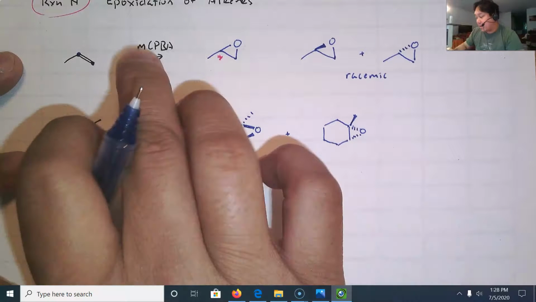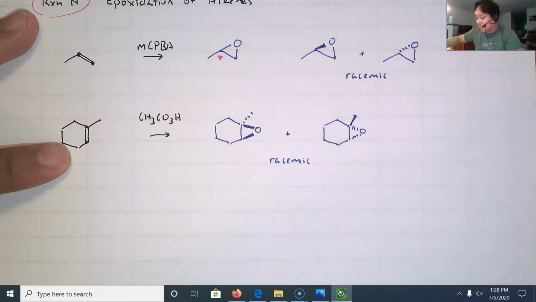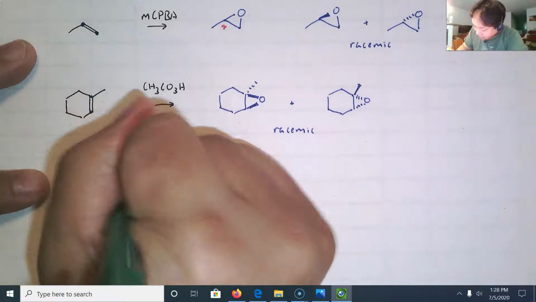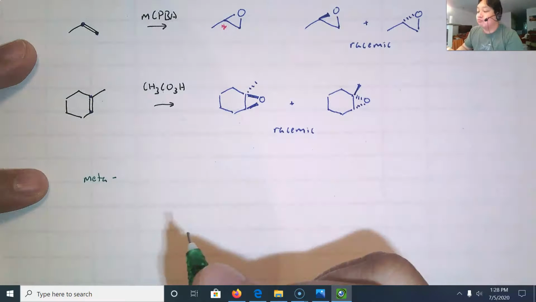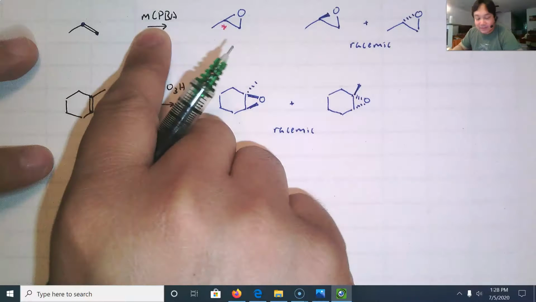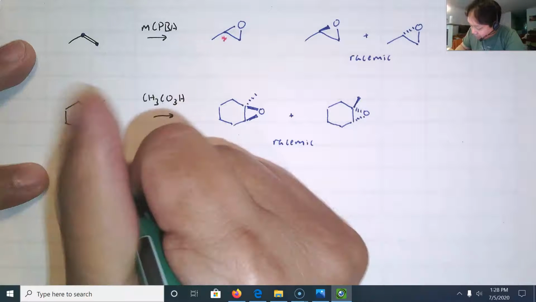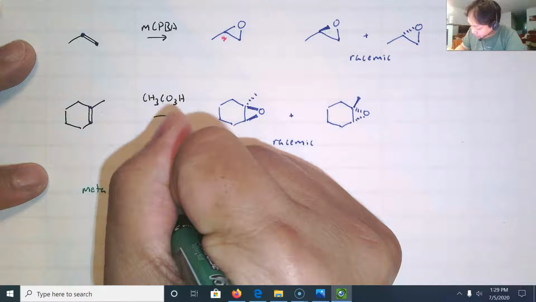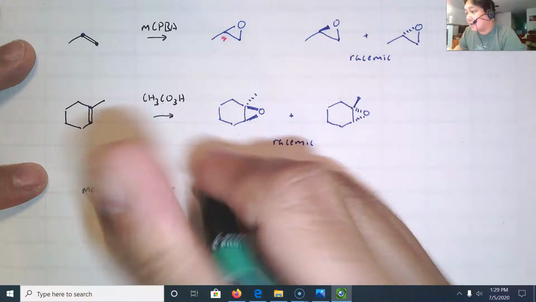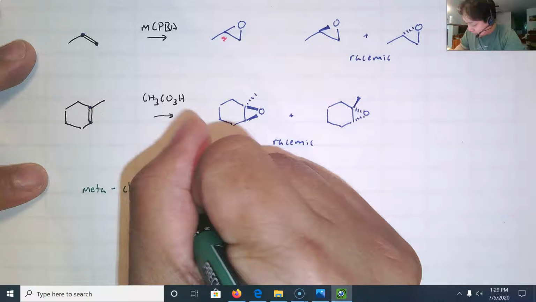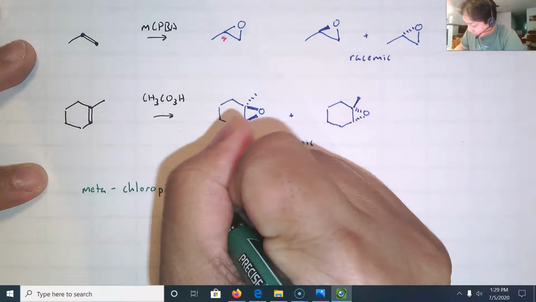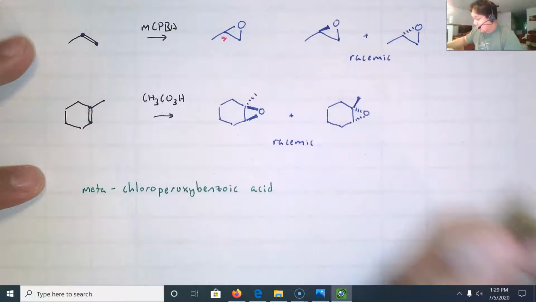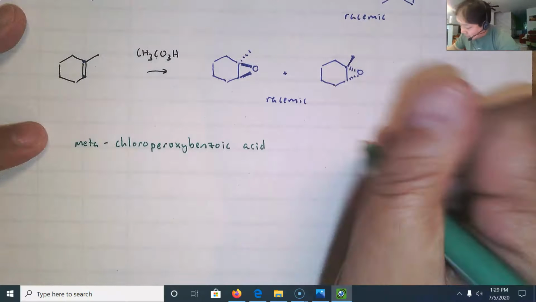But let me tell you what MCPBA is. MCPBA is meta. Let me see what C is. Chloro. Okay, yep. Meta-chloroperoxybenzoic acid. Let me show you how that's drawn out.